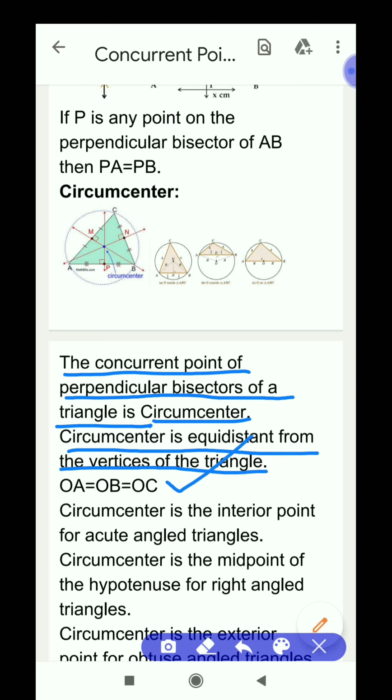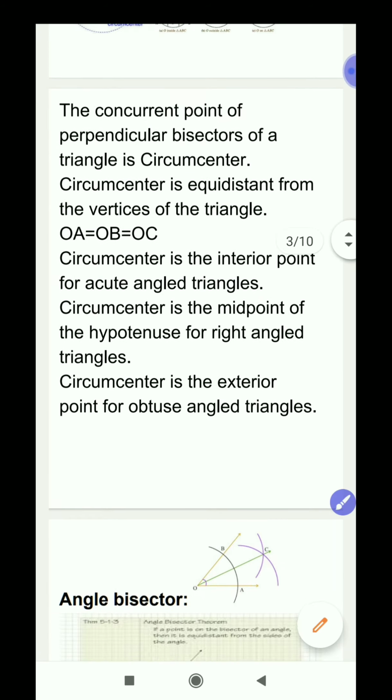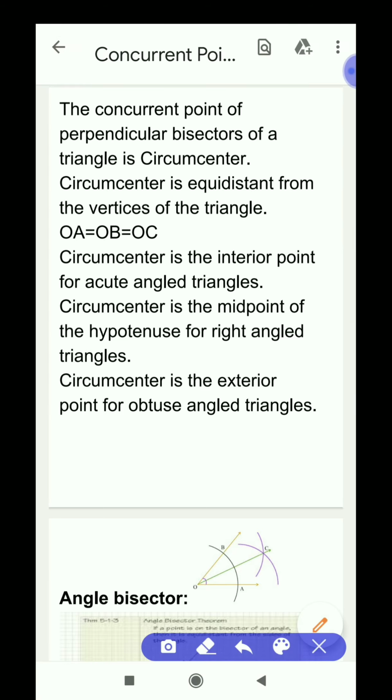That means OA is equal to OB is equal to OC. The circumcenter is an interior point of an acute triangle, the midpoint of the hypotenuse for a right triangle, and an exterior point for an obtuse angled triangle.